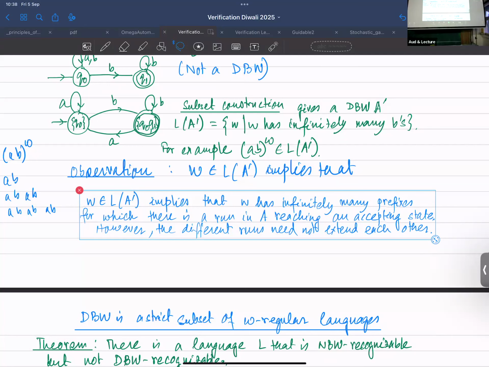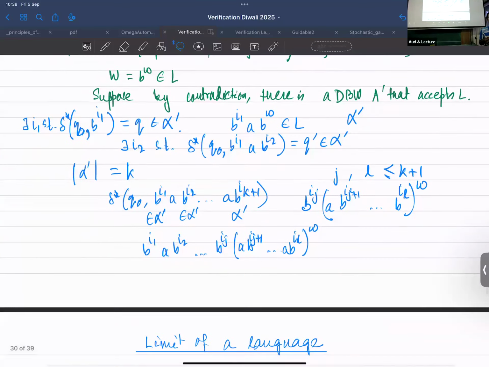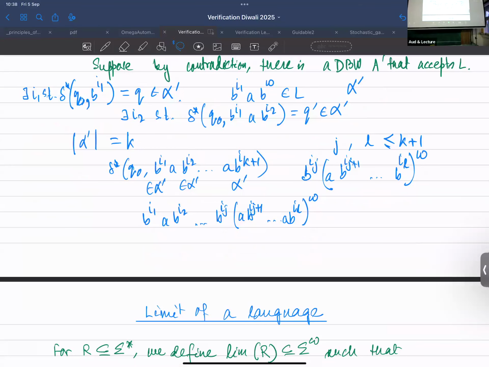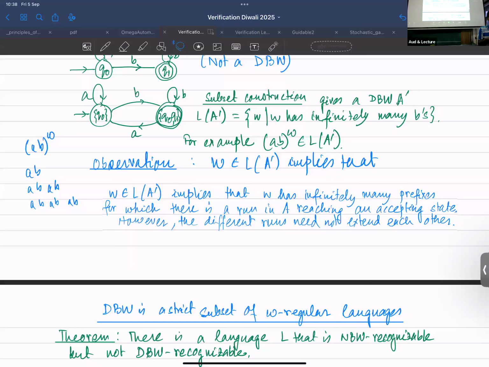So keeping this in mind, and having the definition of the limit of a regular language, I also say that the runs on these prefixes don't necessarily extend each other.